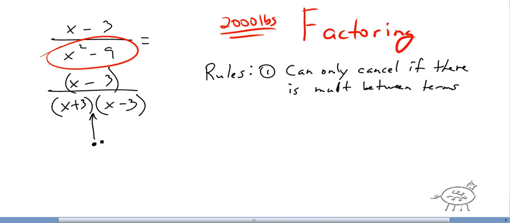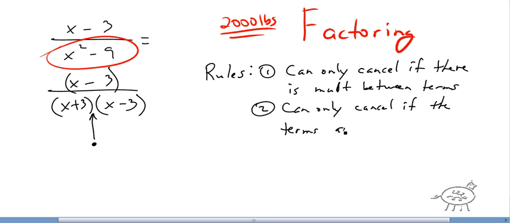Okay, so you can only cancel if there is multiplication between terms, and you can only cancel if the terms are exactly the same. Okay, so it's an x minus 3, it's an x minus 3, it's exactly the same, so I can cancel.